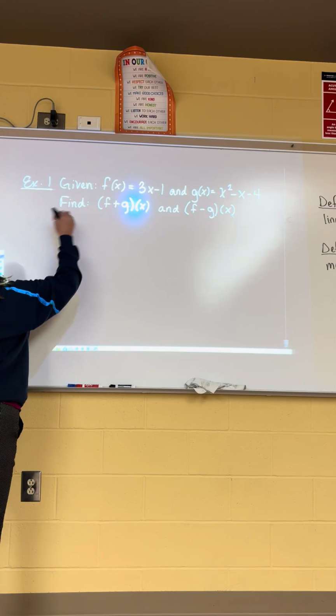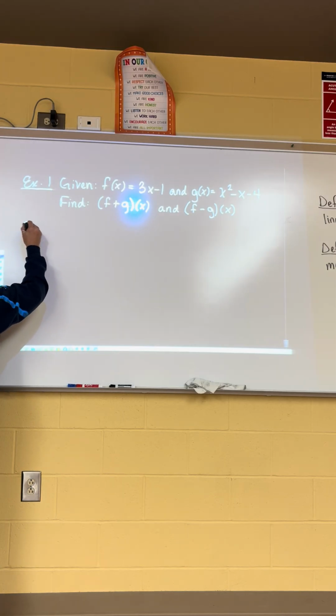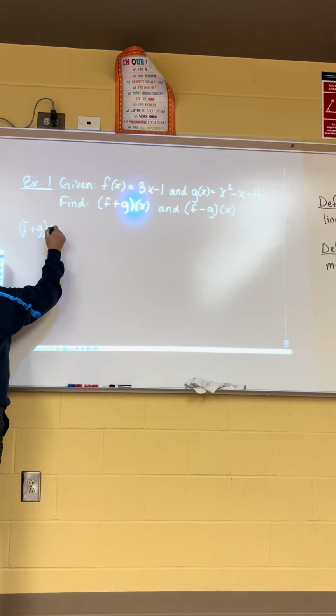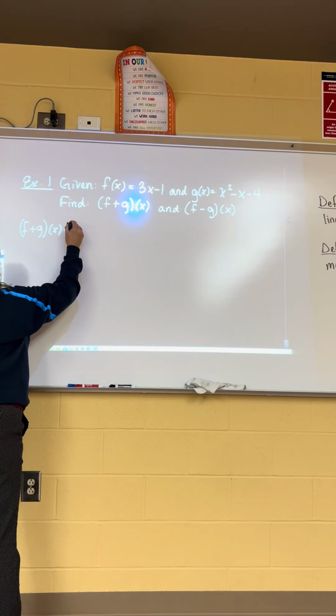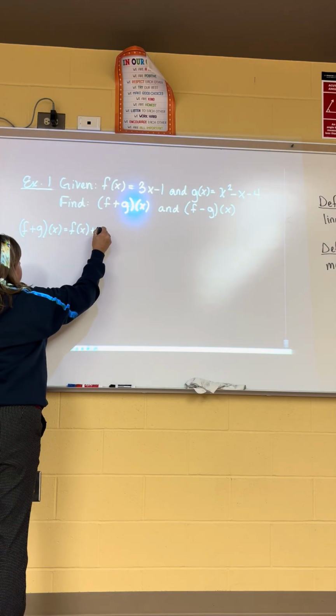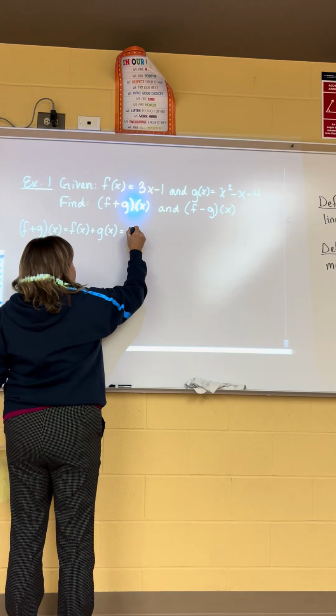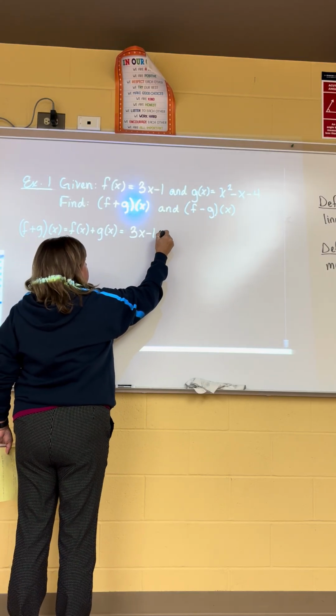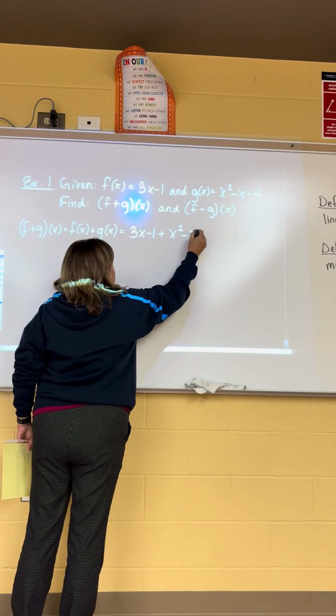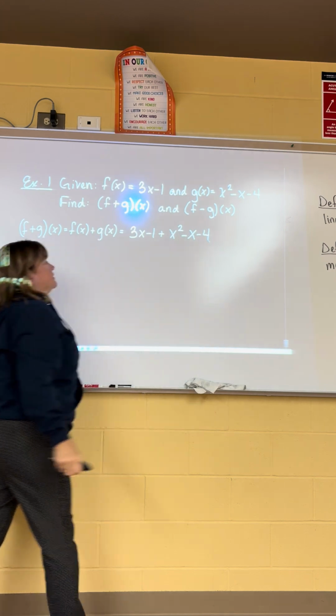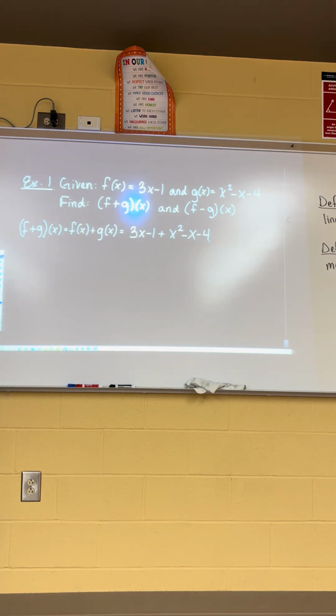Okay, so we know f plus g of x is the same thing as f of x plus g of x. So 3x minus 1 plus x squared minus x minus 4. The notation, be very careful because we're going to do composite functions also.